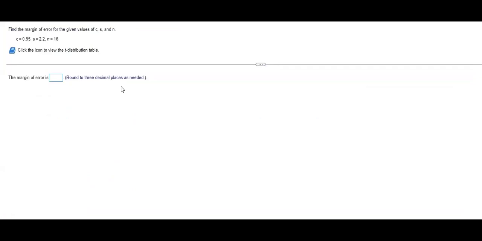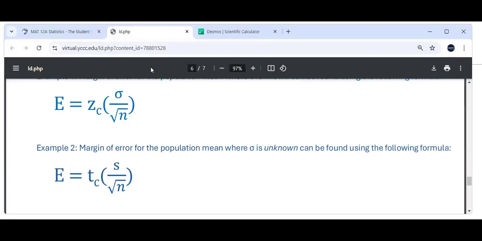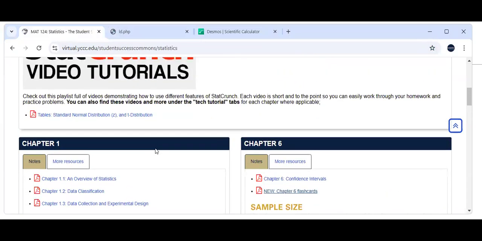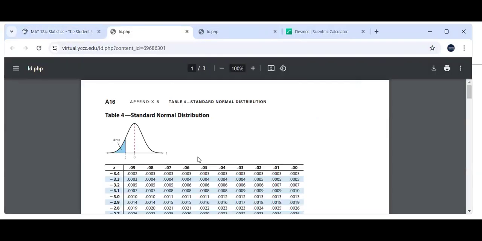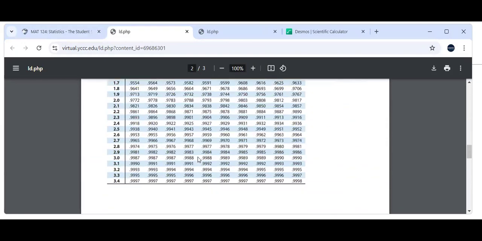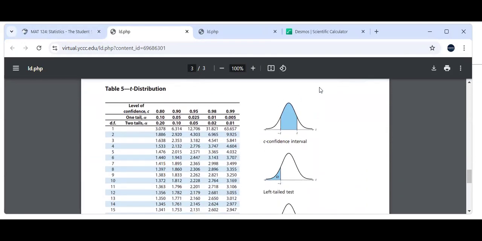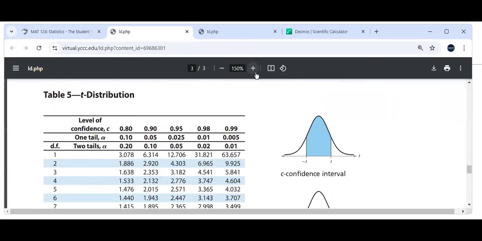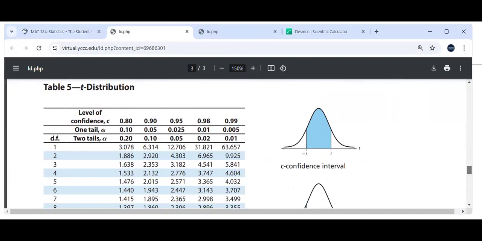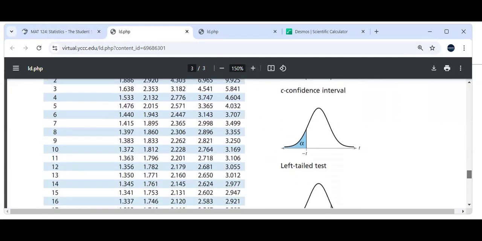So let's start there. So N is 16 and C is 0.95. Let me open up my table. If you'd like, you can print out a copy of the t-table from the SSE's website. We've got the standard normal distribution, and then the third page is the t-distribution, which is what we'll be using right now. So if n is 16, then our degrees of freedom is 1 less than that.